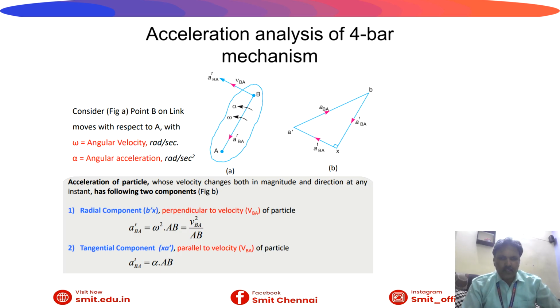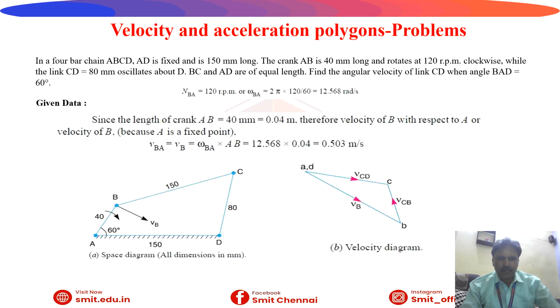The tangential component, a superscript t subscript BA, is equal to alpha, that is the angular acceleration, into AB. The unit is radian per second squared. The unit of angular velocity is radian per second. It is mentioned in the slide.